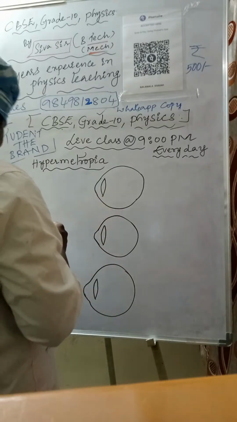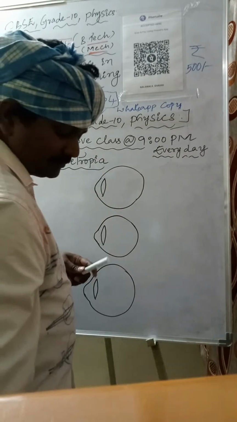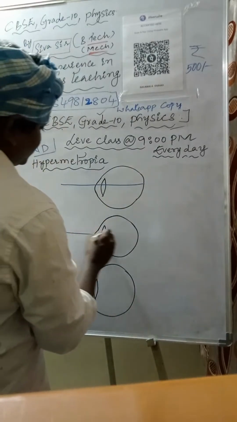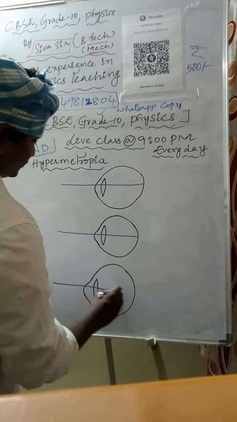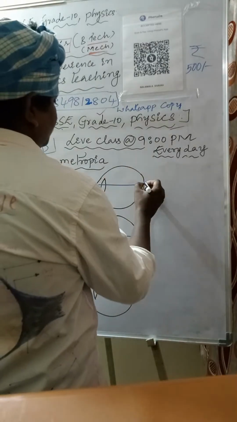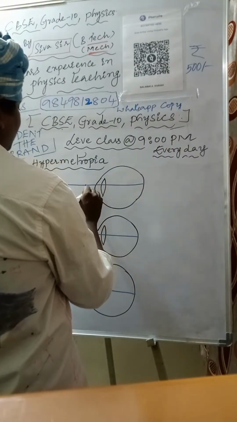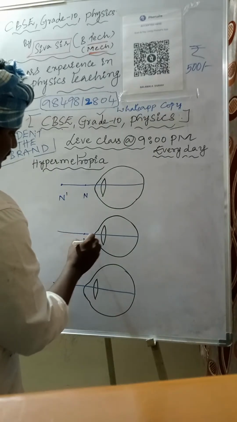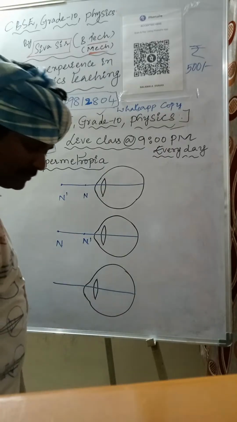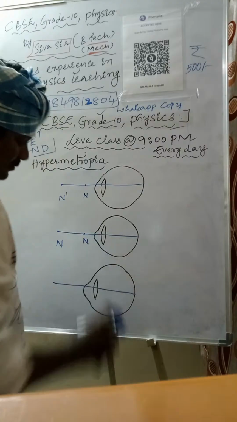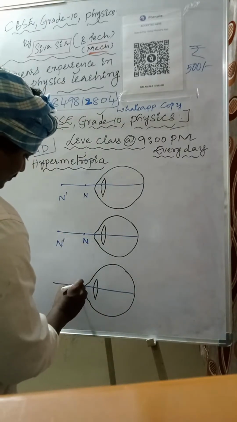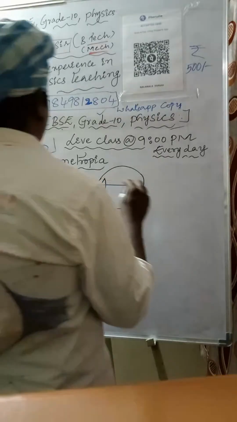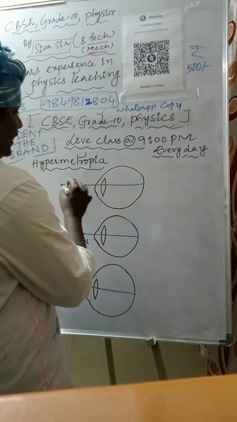So I'm taking like this. So here I am considering the near point N, this is N dash, so this is N. So light rays are coming from here, from N dash you can see, right?